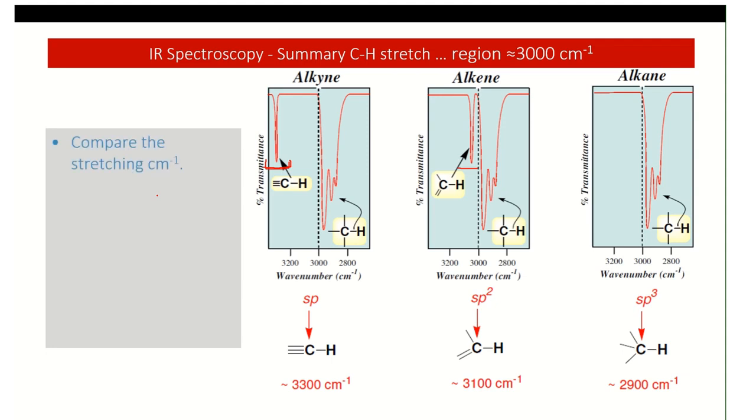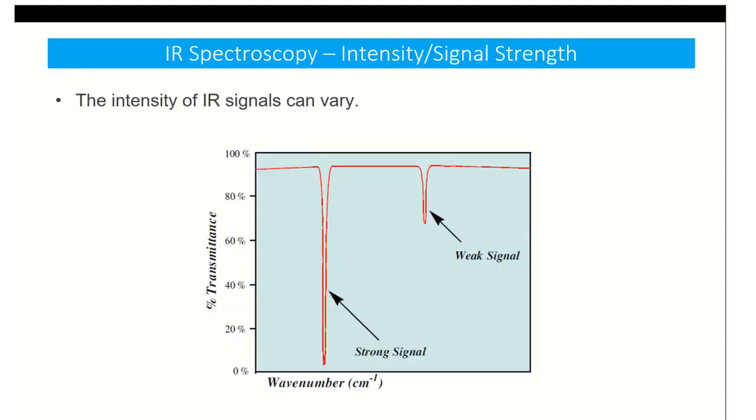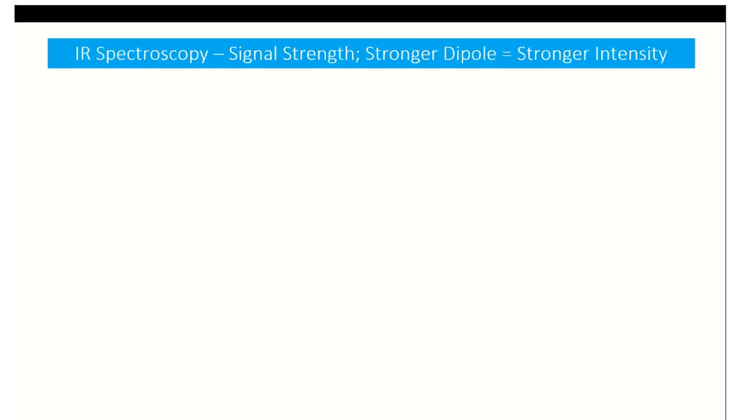Of course there is a difference because of the bond strength. Think about exactly what increases the strength of the alkyne CH. You can see there can be intensity differences as well.